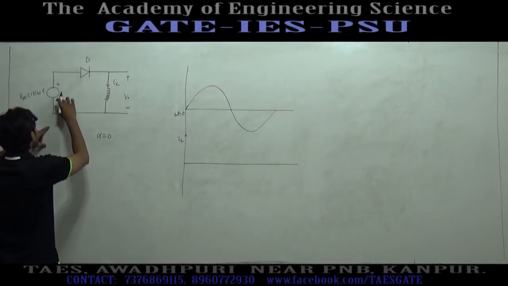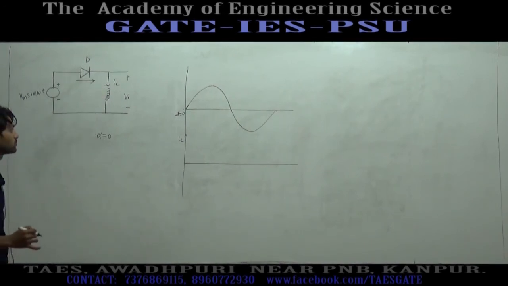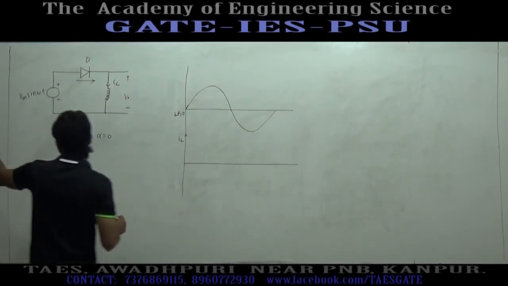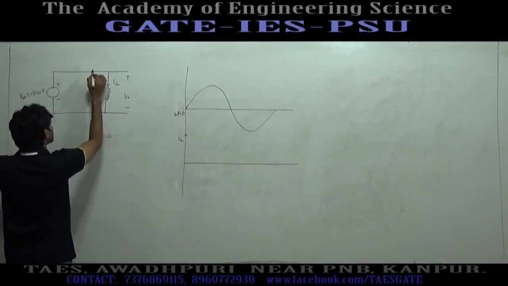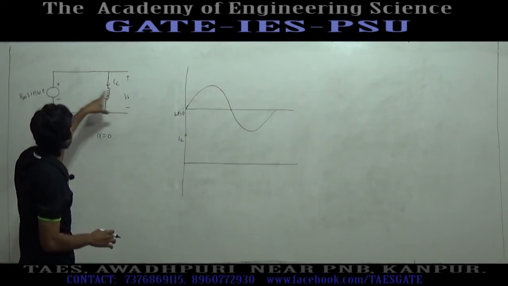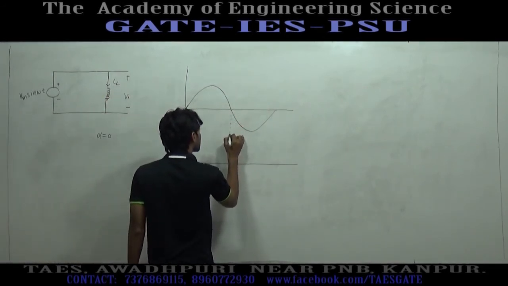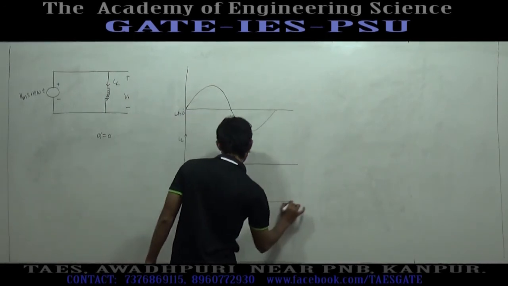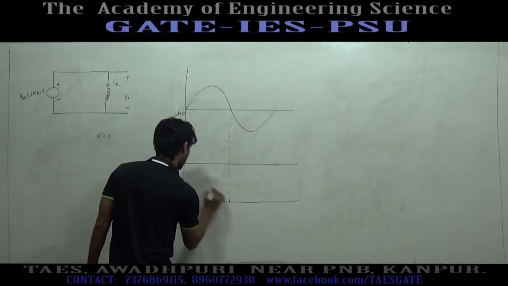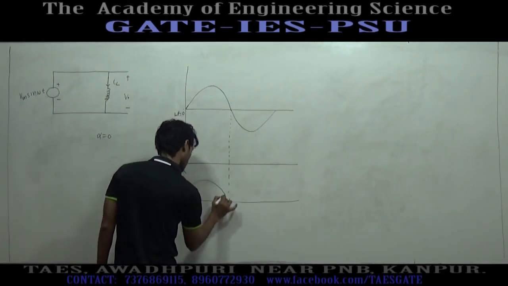As soon as the voltage becomes positive, this diode starts conducting, and the output voltage will become the inductor voltage, that is, the output voltage will become the input voltage. The inductor voltage VL will be equal to the input voltage.